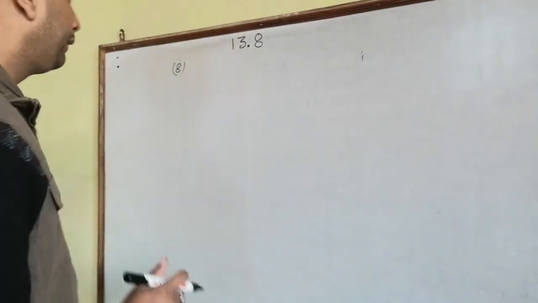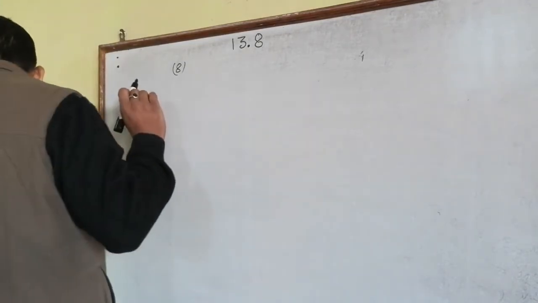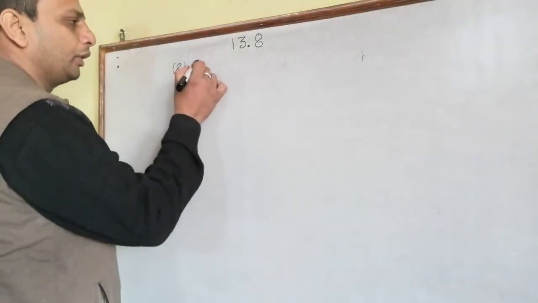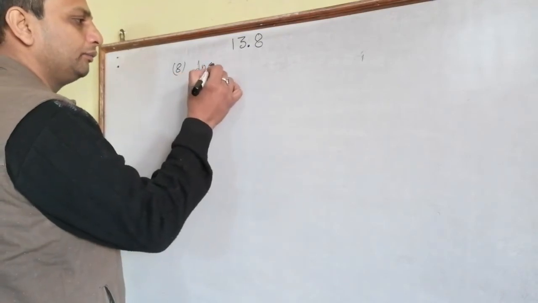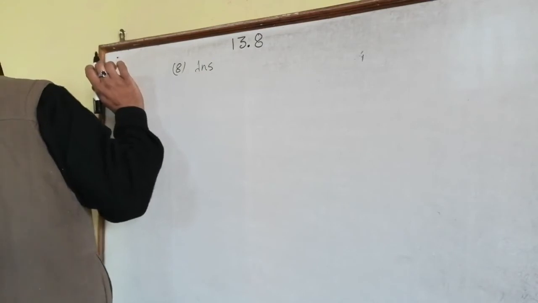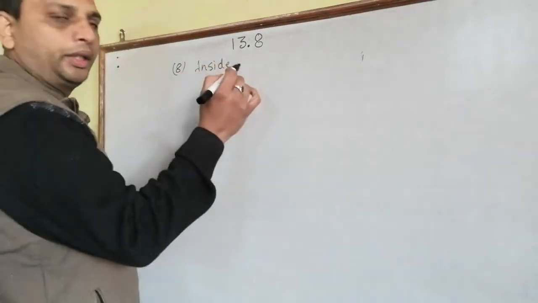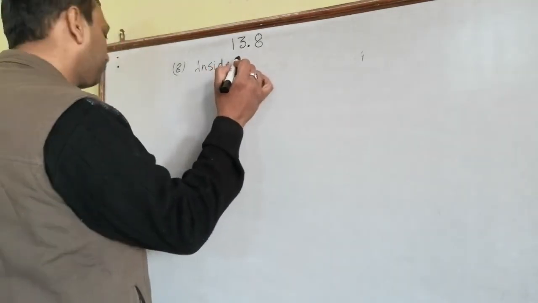So in the eighth question, it is given that the dome is in the shape of a hemisphere, and for whitewashing, the total cost was 498.96, and the cost of 1 meter square is given as 2 rupees. So we can find the inner surface area of the dome.